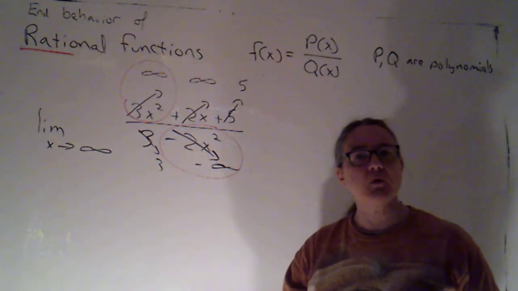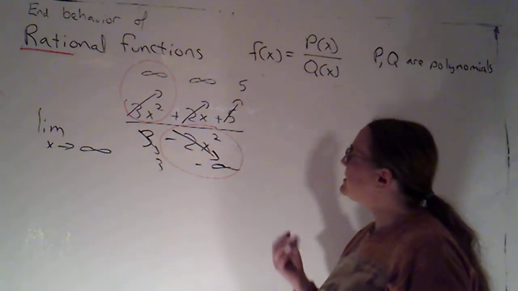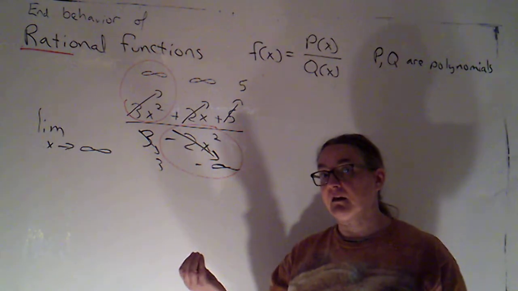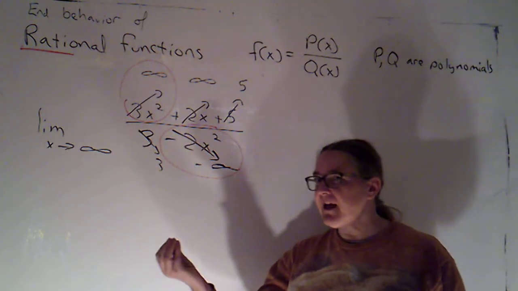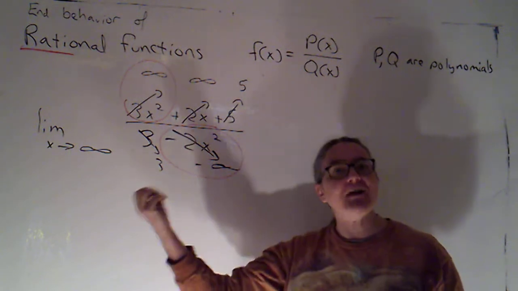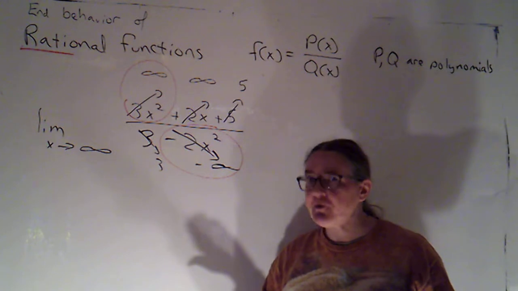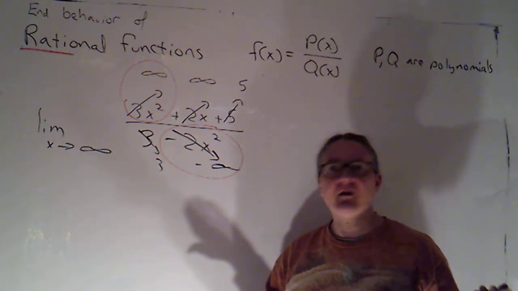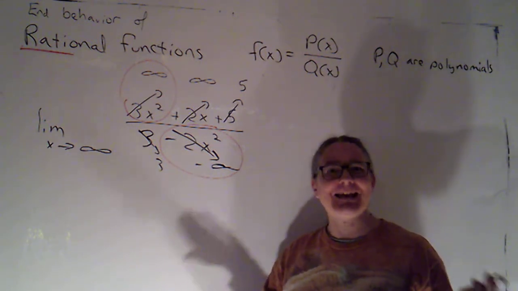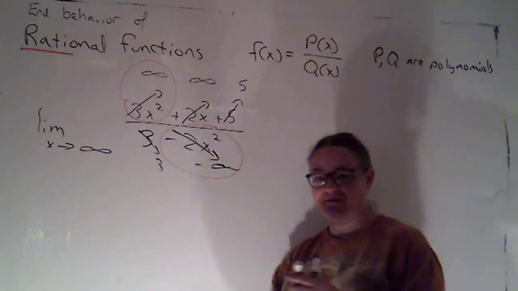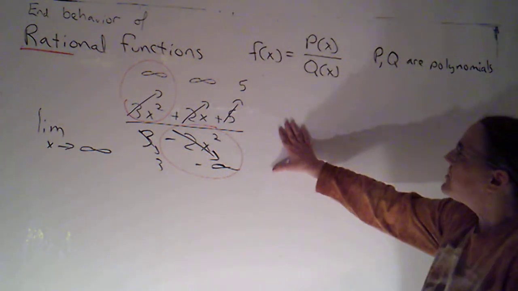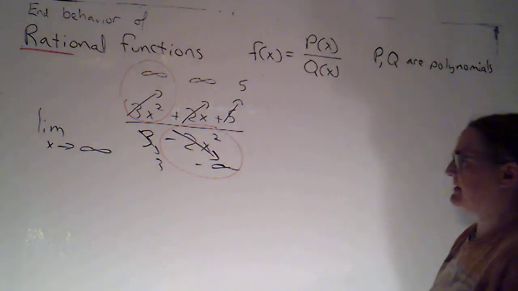We can't do arithmetic with infinity, because infinity just means that something is big. And things can be really big and get arbitrarily large without being identical in size. X squared and x cubed both go off to infinity. They are not the same size as they do that. X cubed is bigger as it goes off to infinity. So we're going to need to work with this somehow.